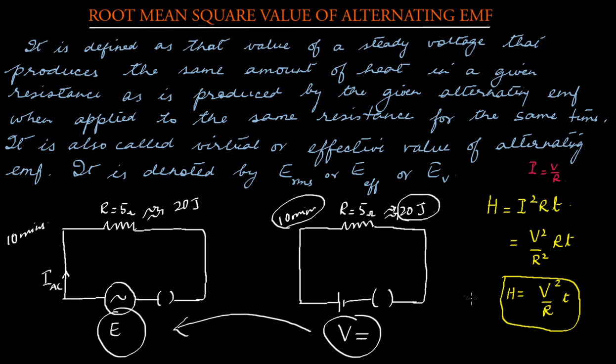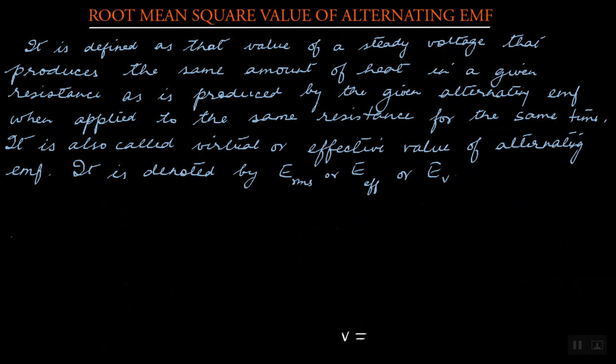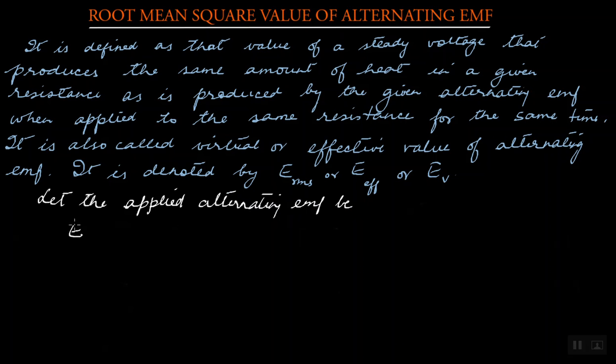Is that clear? Here also we will find the expression. Let the applied alternating EMF be E equals E naught sine omega t.